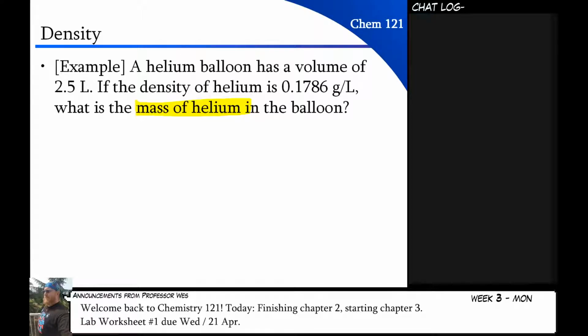So, go ahead and try this problem. Type in your answer in the chat when you have the solution, and we'll go over the answers together in about 2 or 3 minutes.